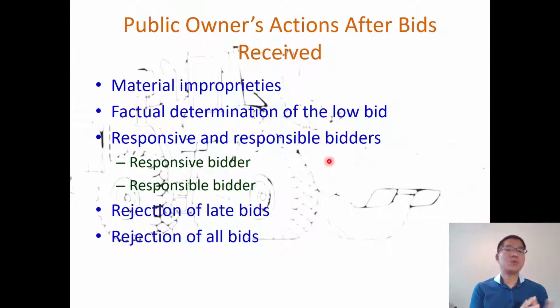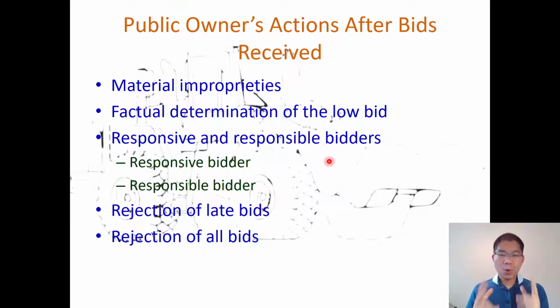Responsible refers to the bidder itself. So as you can see, responsive is about the bid, responsible is about the bidder. Then what does that mean? Whether the bidder is qualified and capable to do the work issued by the owner. If he is capable and qualified, then he is a responsible bidder.